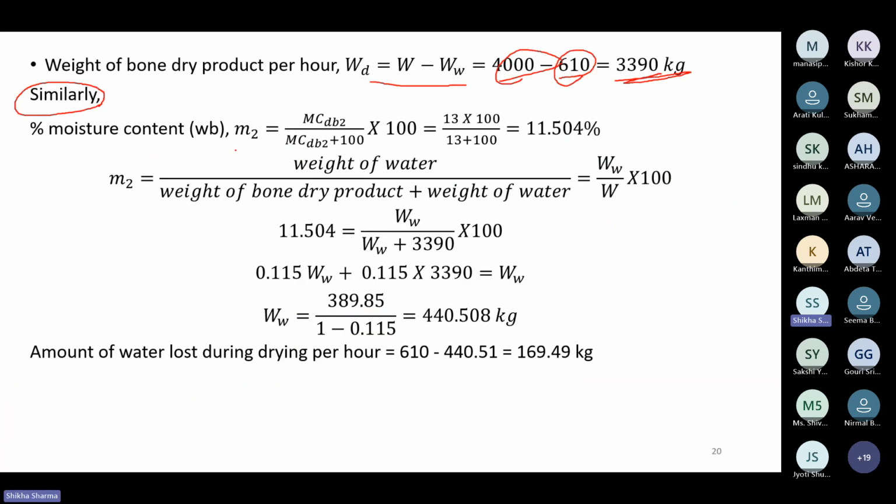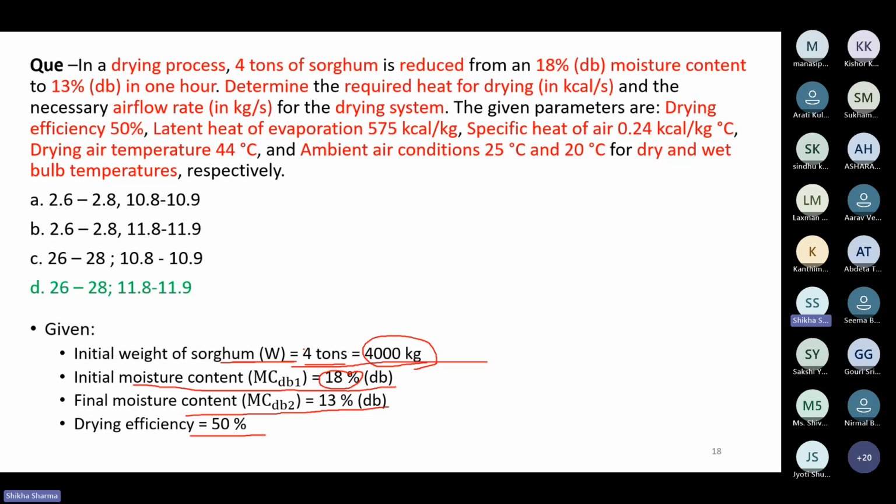Now this formula we are applying for the final moisture content. So percentage moisture content in the wet basis, the same formula we are converting, because we have the final moisture content, which is 13% moisture content, but it is in the dry basis.